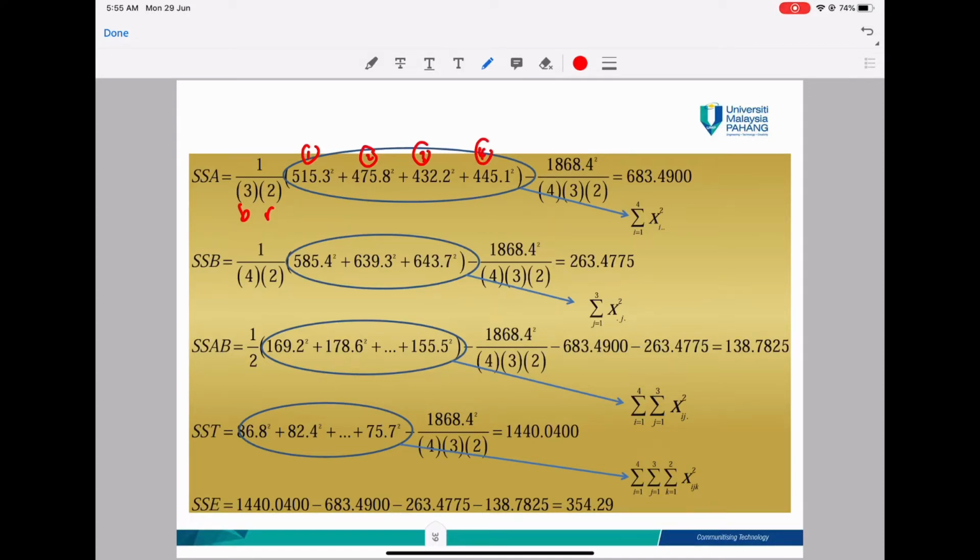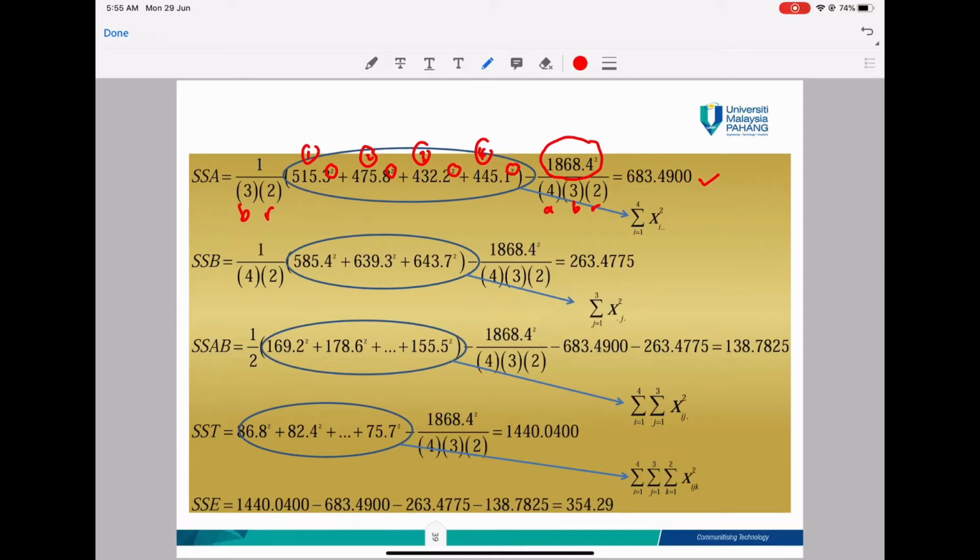And then don't forget the square value, minus the grand total squared over ABR, and then you will have 683.4900. This will be our SSA.